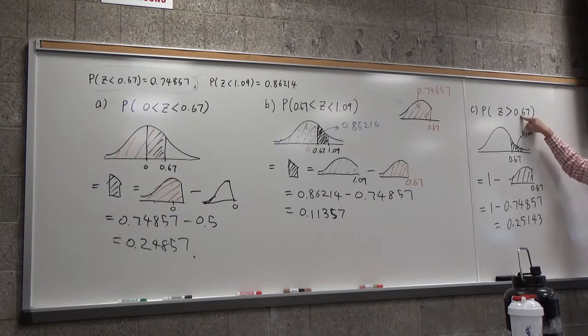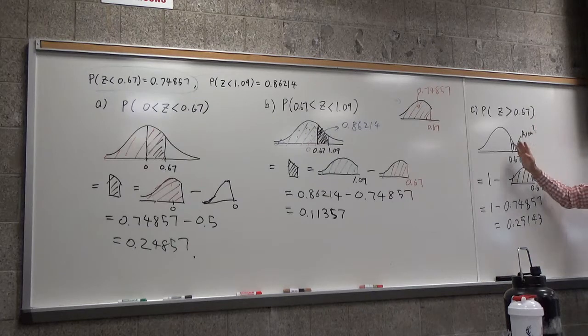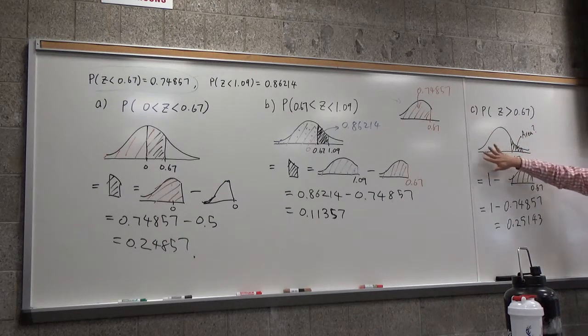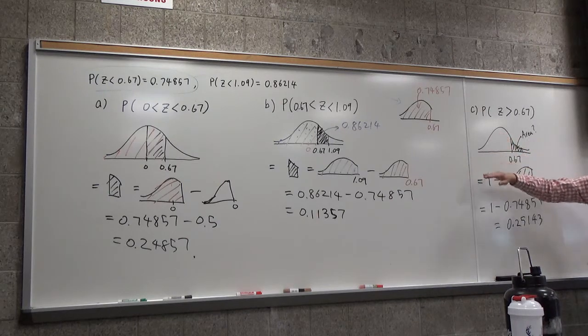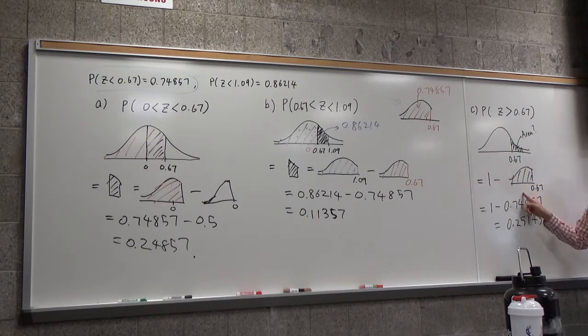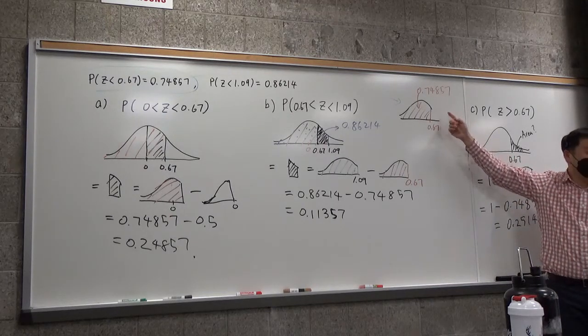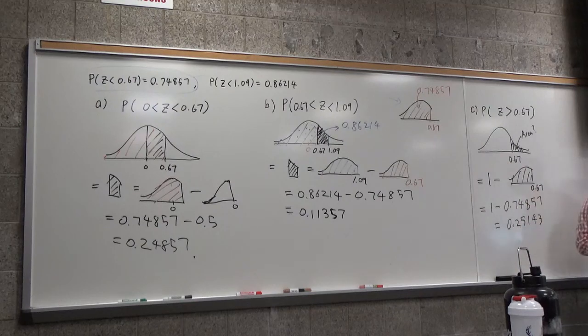Z is larger than 0.67, so it's on the right side. All I'm saying is that I know that the entire thing is 1. So if I just want this, it's the same thing as taking the entire thing and subtracting this much. That's what this picture is saying. But I also know what this area is. That's given here. So I subtract, and that's how you get the area.